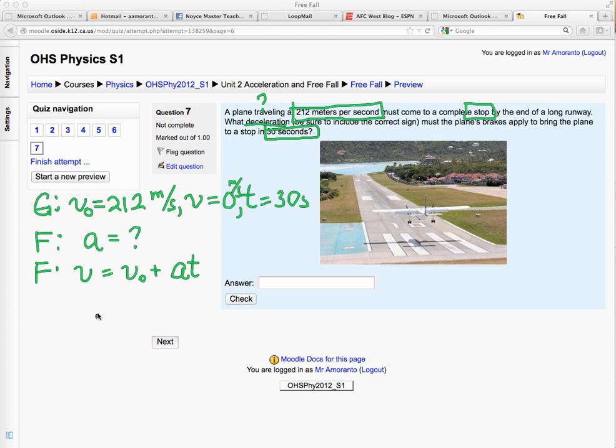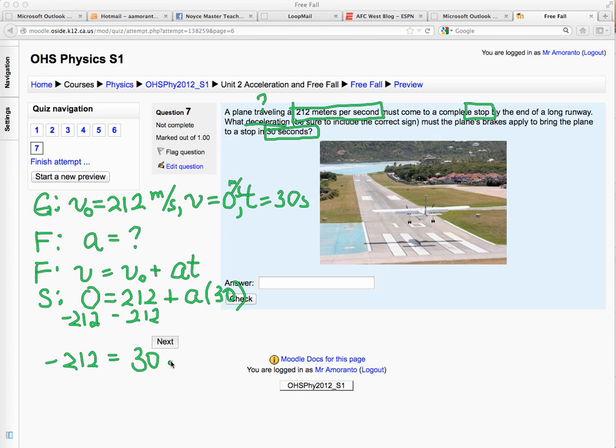So when you plug all these numbers in, now we're going to solve. V, of course, in this case is 0, equals 212 plus a, which I don't know, times 30. Then doing a little algebra, I have to subtract 212 on both sides, and I get negative 212 equals 30 times a.